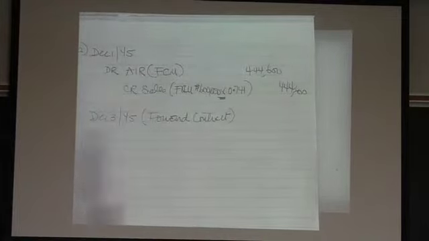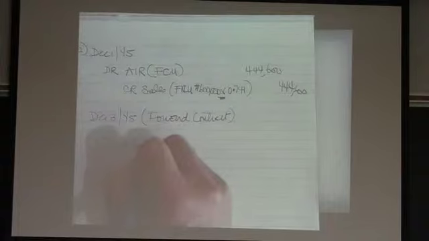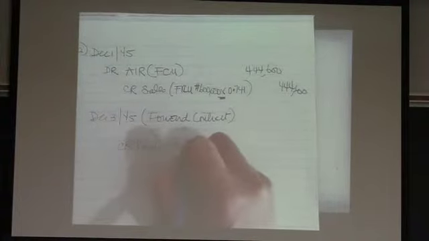So when you execute a forward contract, you're going to execute a contract that you're going to deliver foreign currency unit to a party who's willing to accept the risk. And normally that's a bank. So in this case, we're going to credit payable to bank.